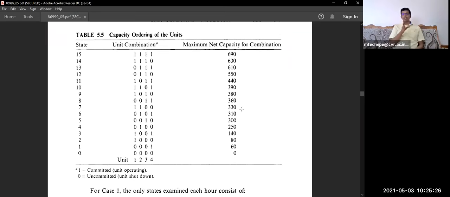In the neural network, you simply give the input, which is nothing but the generators.